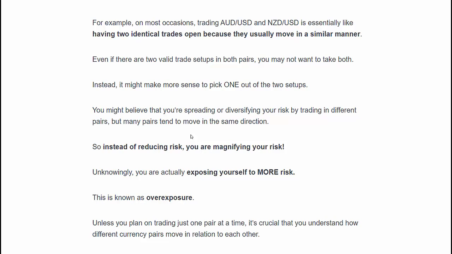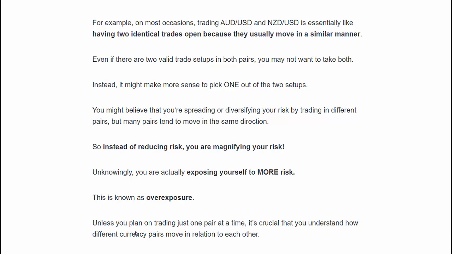So just because you have 2 different stocks doesn't mean you are diversified. So instead of reducing risk, you're actually making it worse. You're magnifying your risk, and you're exposing yourself to more risk, and this is known as overexposure.